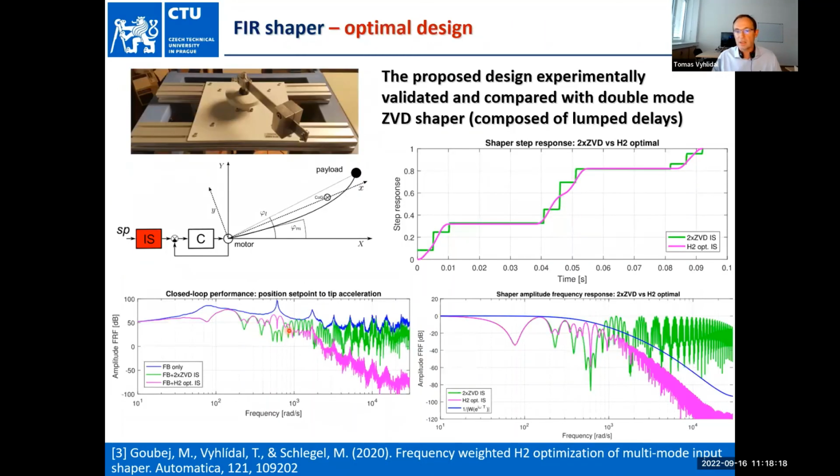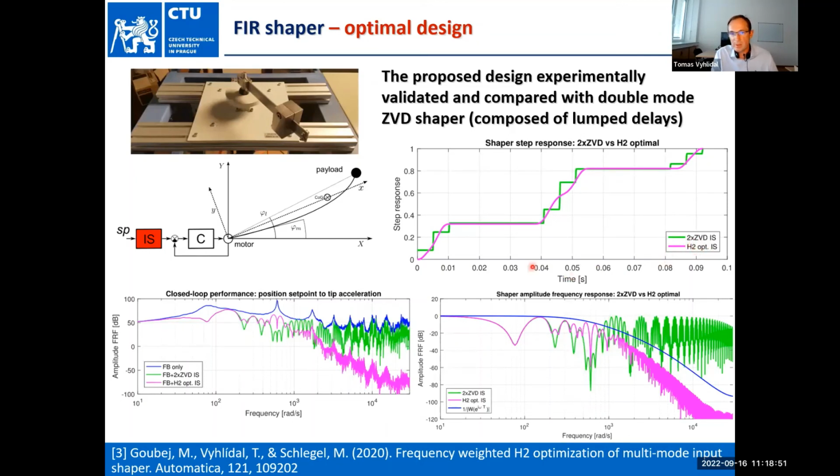So here we have the result. Unfortunately, I don't have a video for this one. This is again some flexible beam, a rotating flexible beam, and this is the comparison between the classical double zero vibration derivative shaper and the shaper which was designed by the optimization method.